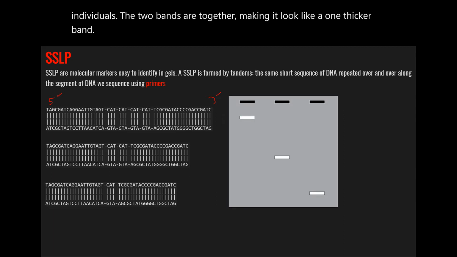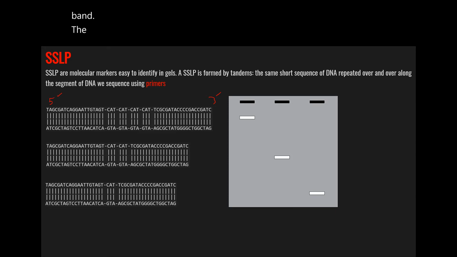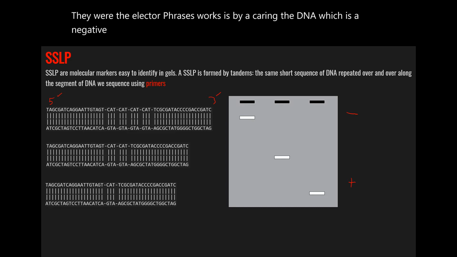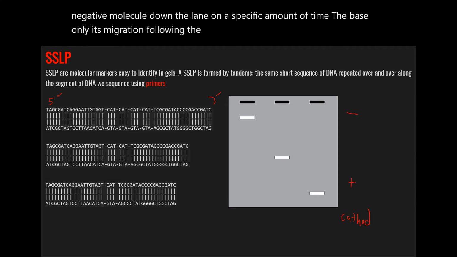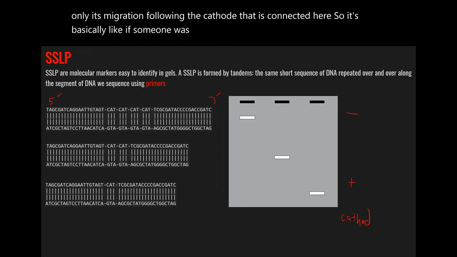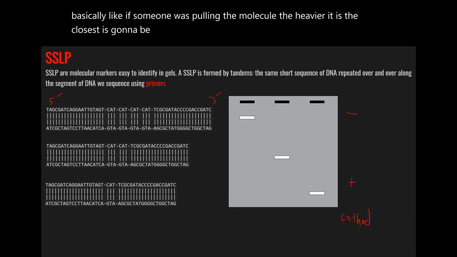So the way that electrophoresis works is by carrying the DNA, which is a negative molecule, down the lane over a specific amount of time based on its migration following the electrode that is connected here. So it's basically like if someone was pulling the molecule. The heavier it is, the closer it's going to be to the top. So the longer the molecule, the higher it's going to be.